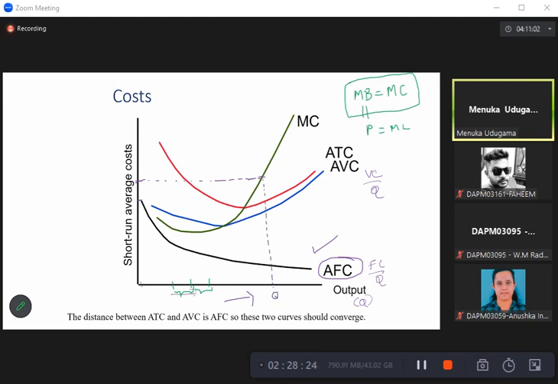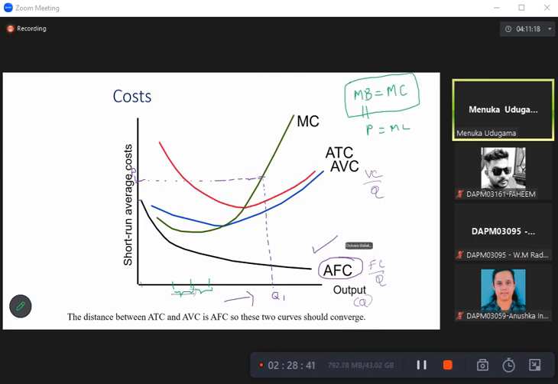We'll call it Q1 and we'll call this P1. At that price, you will sell that amount of output.